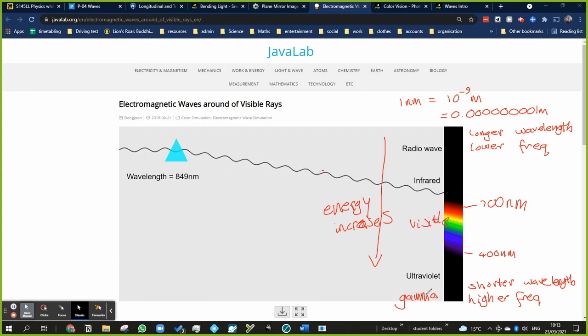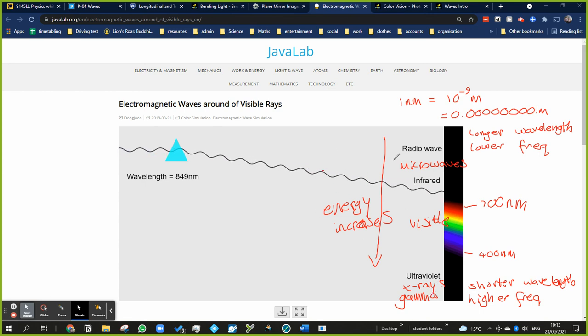Visible, and I missed one out: X-rays. And this one is microwaves. Sometimes microwaves aren't included; sometimes they're classified as a type of radio wave. But in GCSE, you'll learn radio waves, microwaves, infrared, visible, ultraviolet, X-rays, gamma rays.